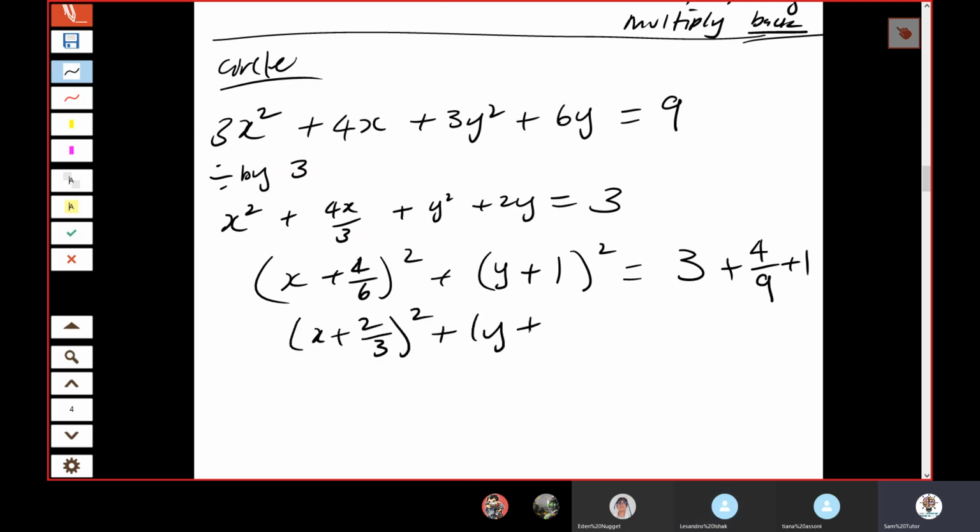Anyone have any questions for me? Because we're pretty much wrapping this topic up then again. 40 over 9. Center is negative 2/3, negative 1.